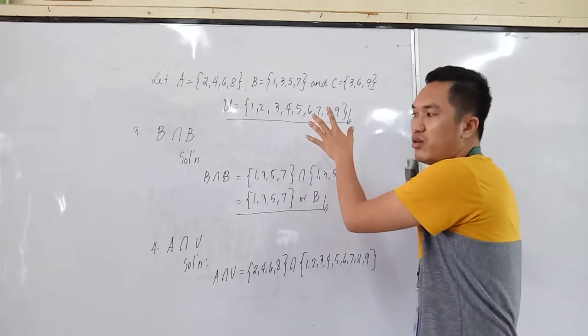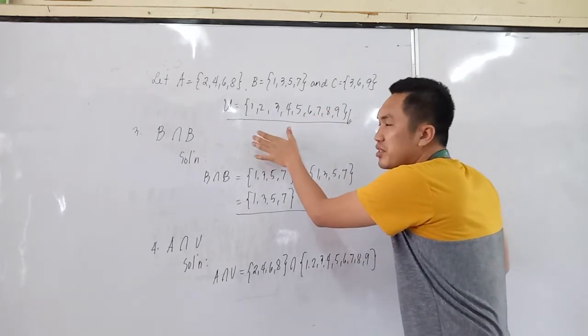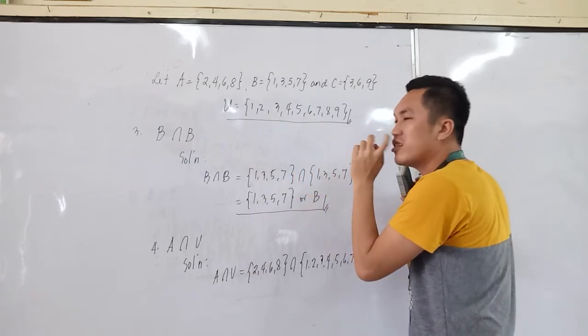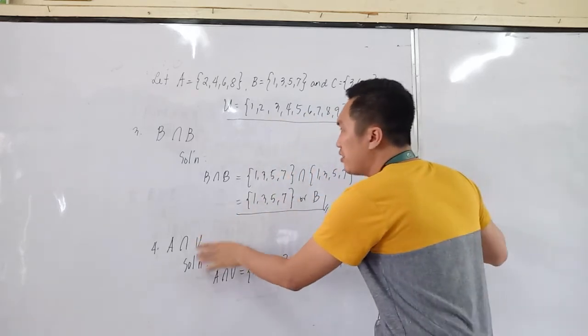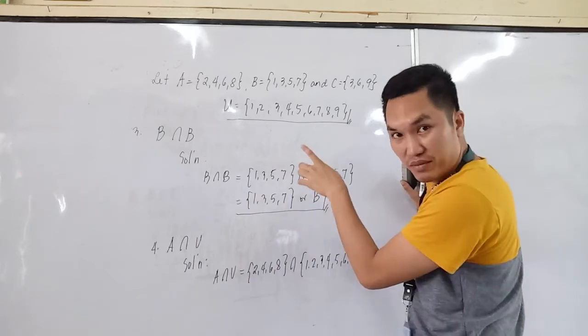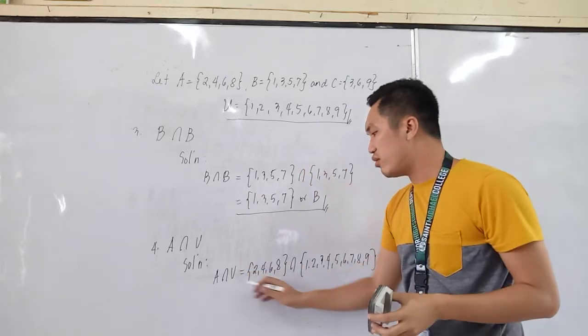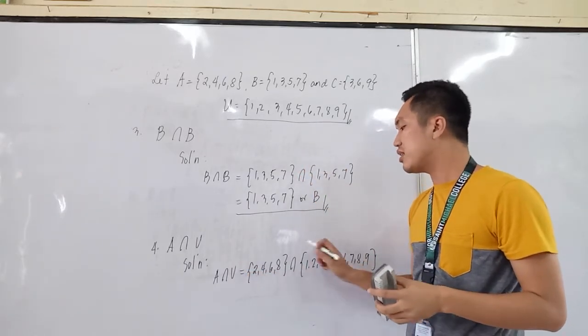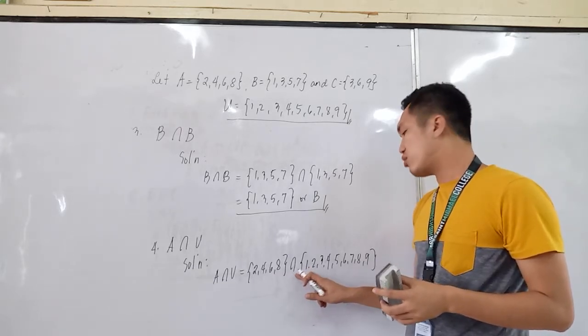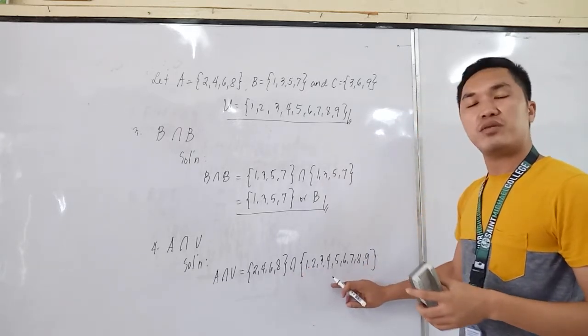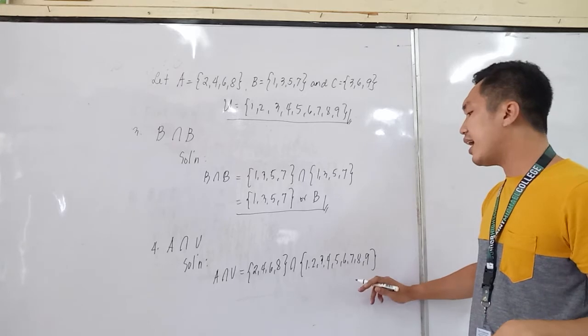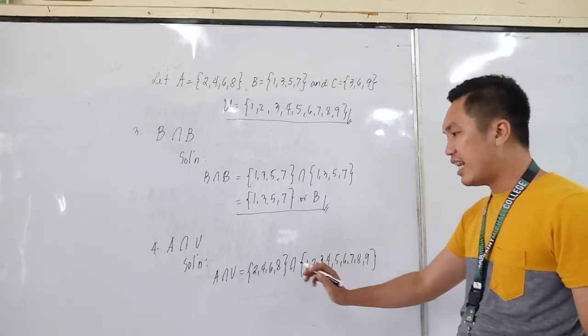Question, how are we going to find the intersection of a set intersected to the universal set? Okay, now for the solution, we have here 2, 4, 6, 8, and intersect to universal set 1, 2, 3, 4, 5, 6, 7, 8, and 9.